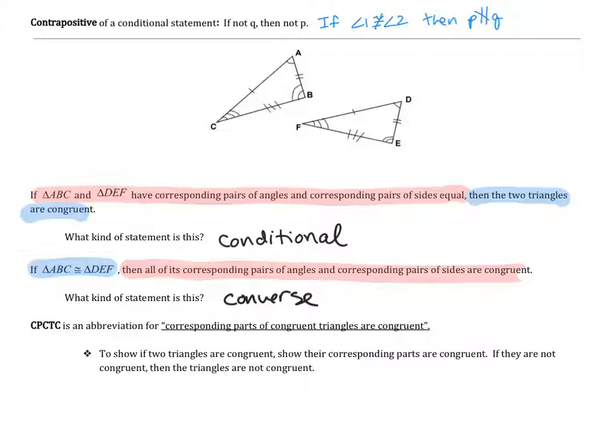And by parts, we mean angles and sides. So here we see if they are not congruent, then the triangles are not congruent. So if we see that any of the corresponding sides or angles are not congruent, then the triangles are not congruent.